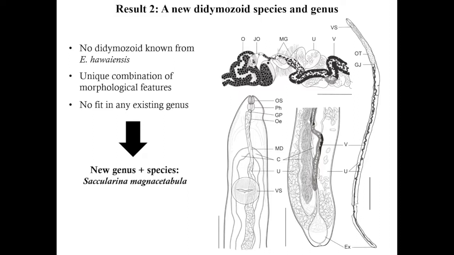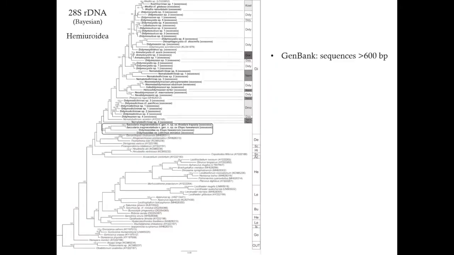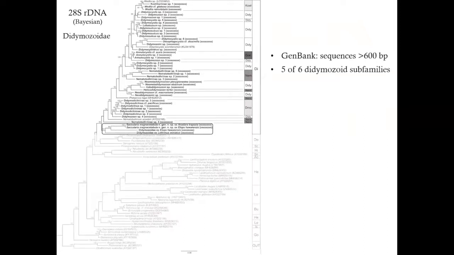But now the difficulty was to know where to fit that genus, in which subfamily. So we turned to the molecular tool. And we built a 28S rDNA Bayesian inference tree of all the hemiuroidea. And we got 5 of the 6 didymozoid subfamilies in there, which is really good.